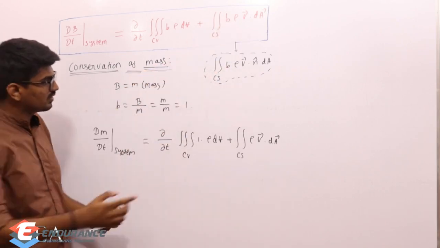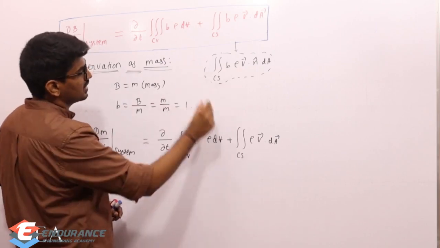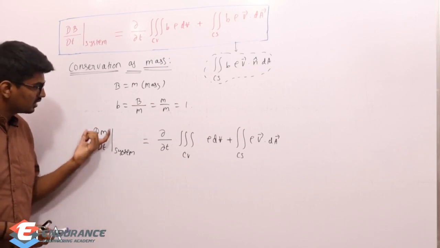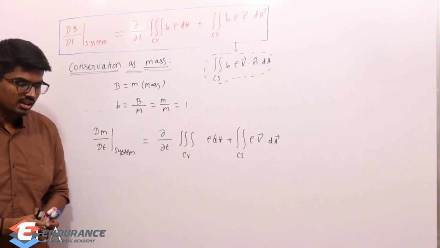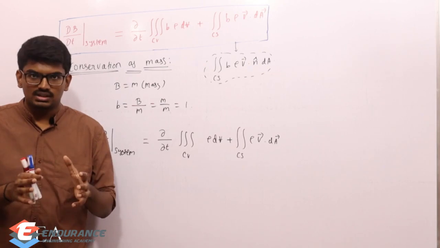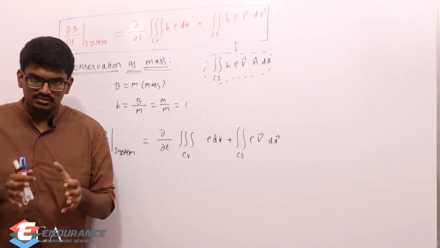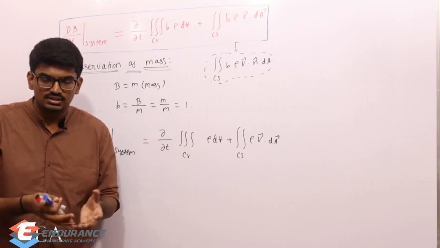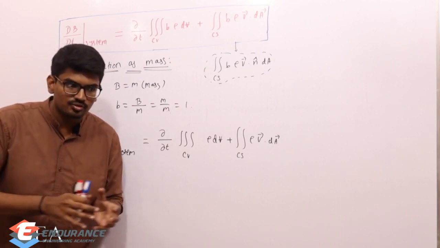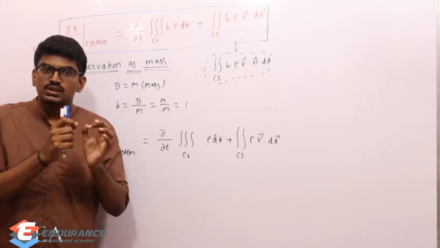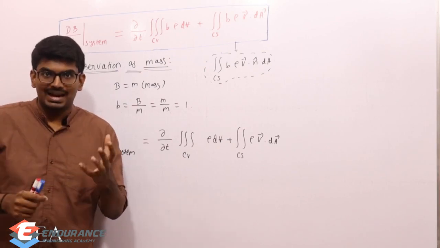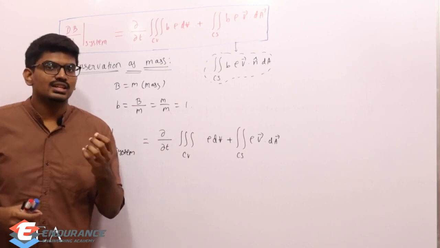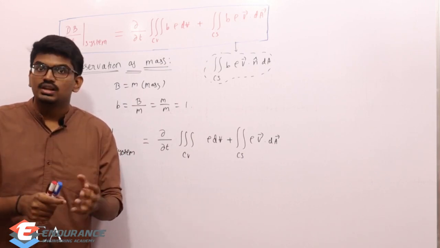Now, I can just take this 1, because I'm replacing b with 1. Just think about this term, dm by dt of the system. A system has some fixed mass, and that fixed mass remains the same throughout. If I fix some bulk of molecules and follow it everywhere it goes, the molecules or the matter of the system, its physical identity, is not varying.